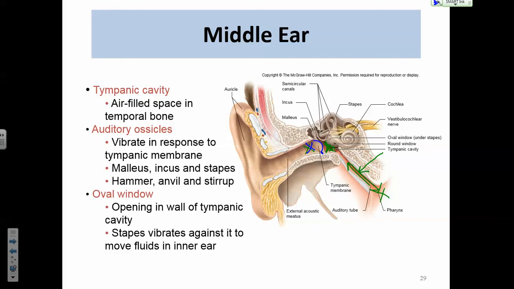Or vice versa, if it was higher inside, it would be pushing it out a little bit and it still wouldn't be as flexible, wouldn't move as much in response to a sound wave. All right, and so this helps your hearing because it keeps that tympanic membrane as flexible as possible, because it's going to be in an environment where the air pressure is equal on both sides.